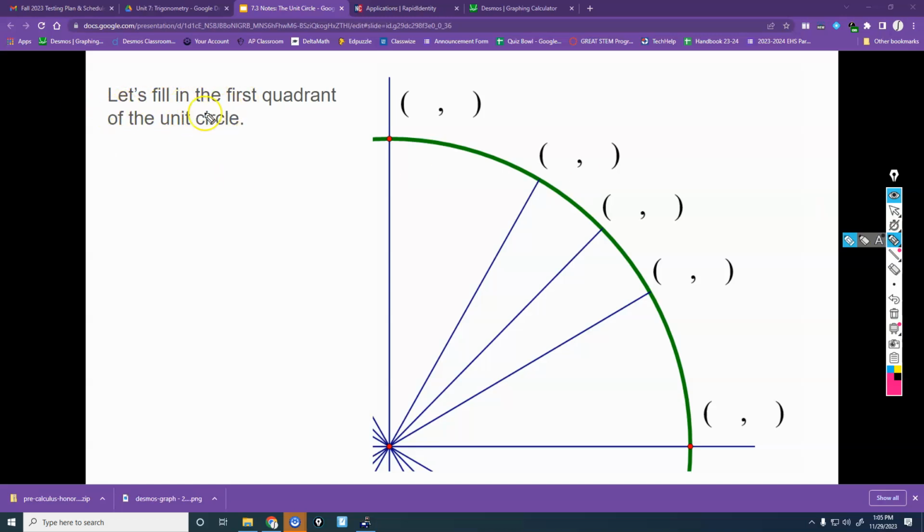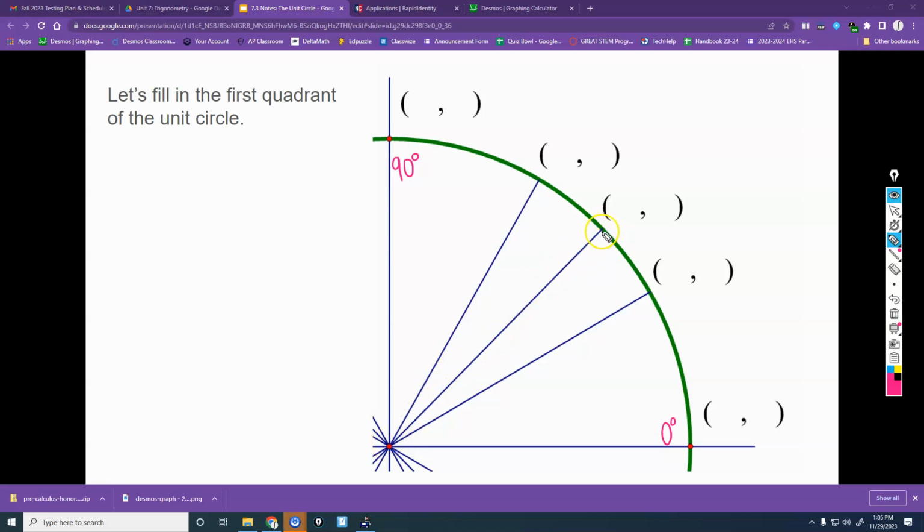All right, so let's fill up the first quadrant. On this circle, we're putting a lot of stuff together that we've done. Right here is 0 degrees. How many degrees do I have right here? That's 90 degrees. This one right here looks like it splits that in half.